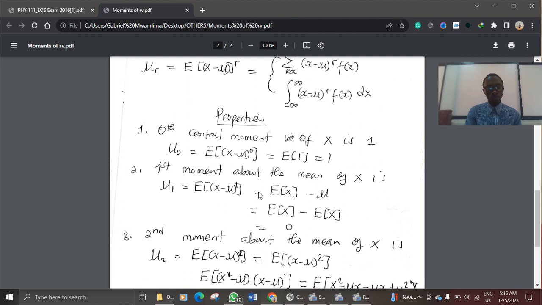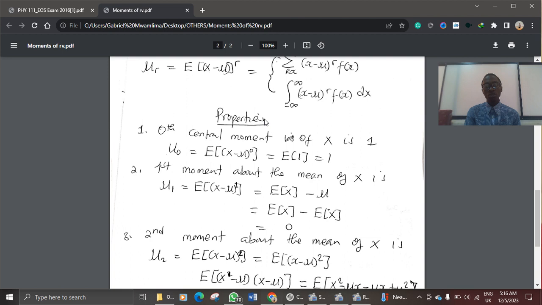So the expectation of x minus the expectation of x gives us 0. So the first moment about the mean is equal to 0, and the zeroth central moment of x is equal to 1.